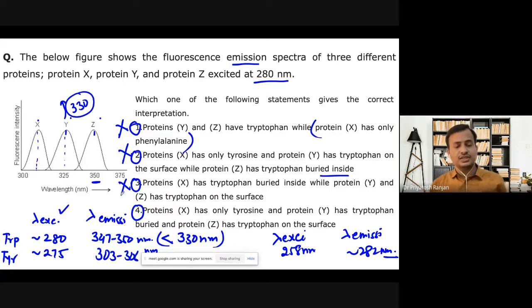So you need not memorize these values, because these values will differ, not too much, but to some extent depending upon your experimental parameters and conditions. So out of all these, the fourth statement seems to be the correct interpretation.